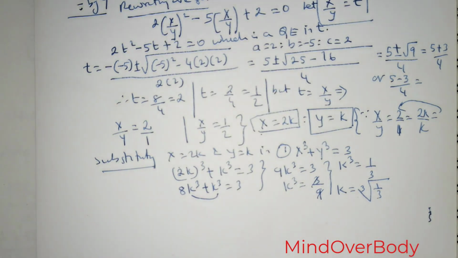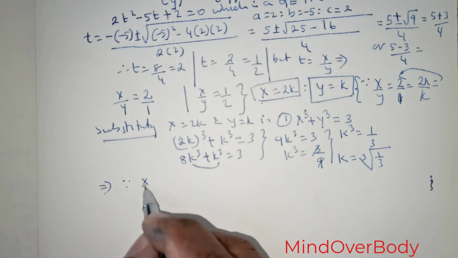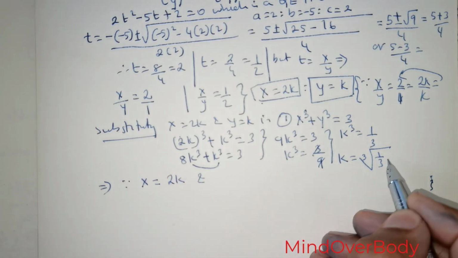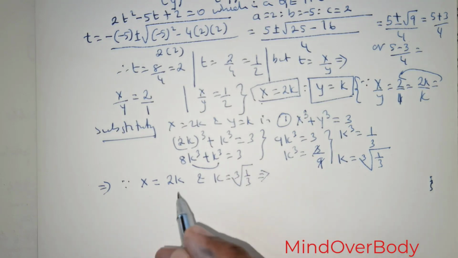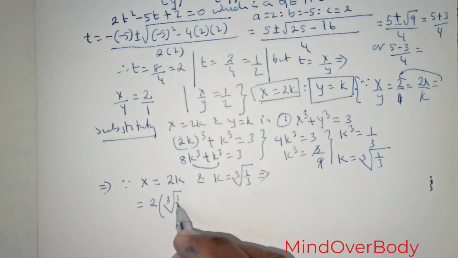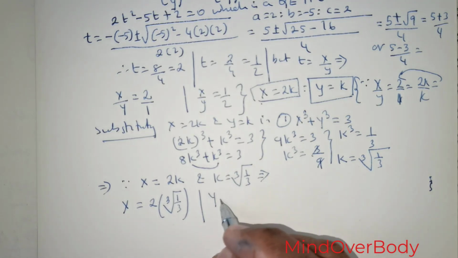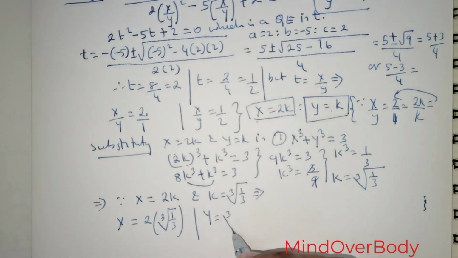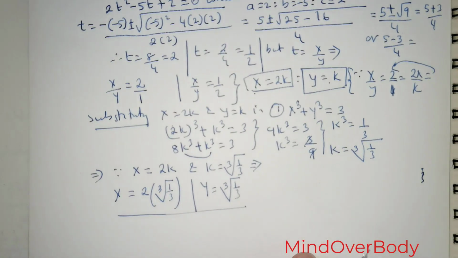Now we know that x is equal to 2k, so x is 2 times the cube root of 1 over 3. This is my value of x. And the value of y is simply k, so y is the cube root of 1 over 3.